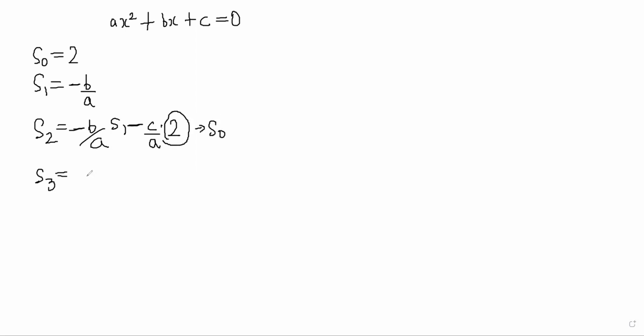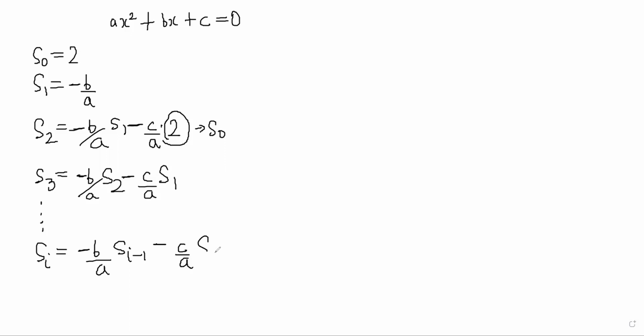S3 is minus B by A S2 minus C by A S1, and so on. It continues this pattern, so Si will be minus B by A S(i minus 1) minus C by A S(i minus 2). This we have also confirmed with an example.